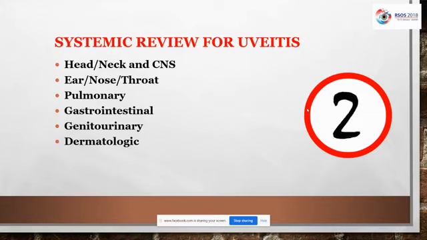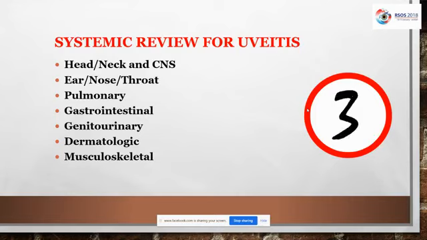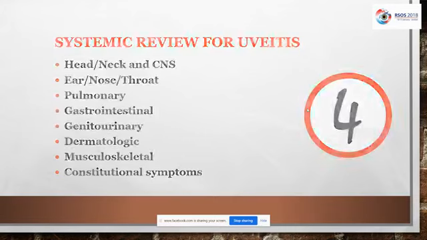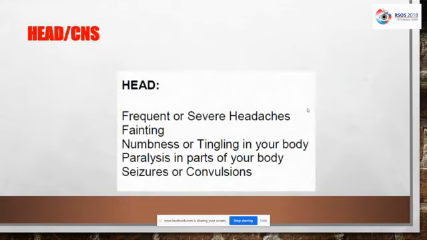You need to ask about symptoms involving the skin, dermatological complaints, and the musculoskeletal system. And also you need to ask about constitutional symptoms and prodromal symptoms that precede uveitis, if there are any. So this is the main thing about the systemic review for uveitis.